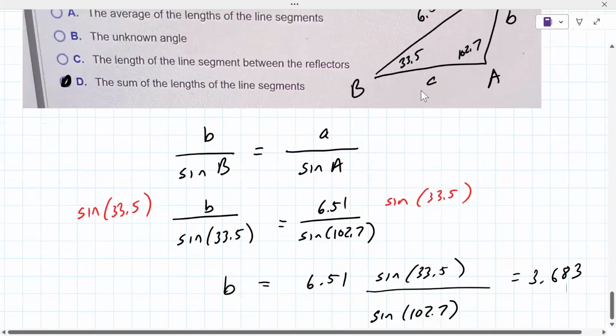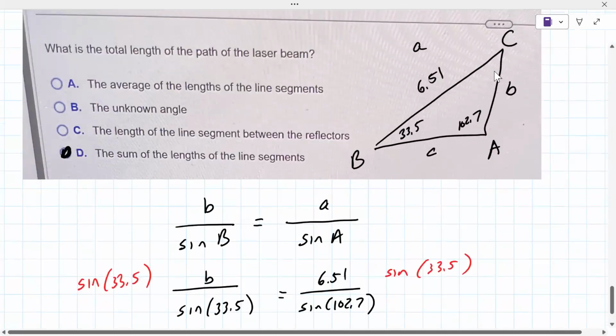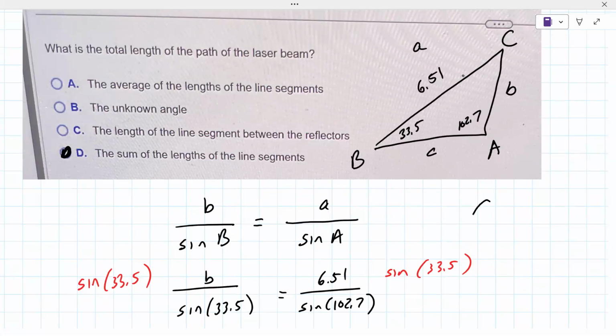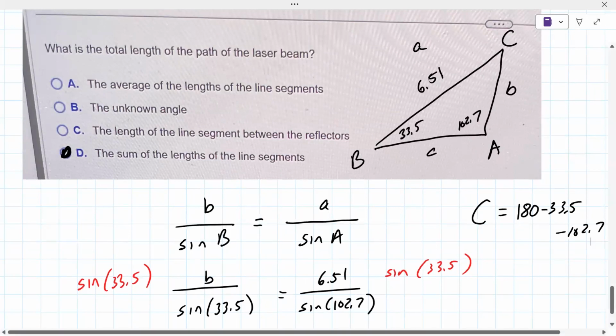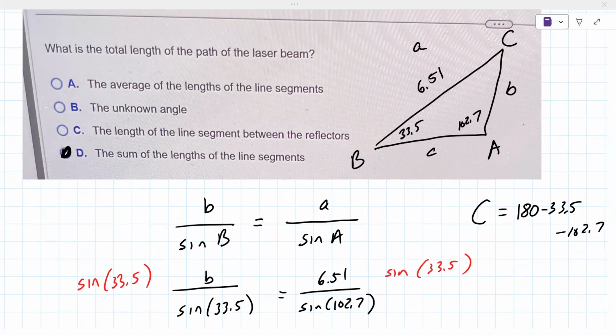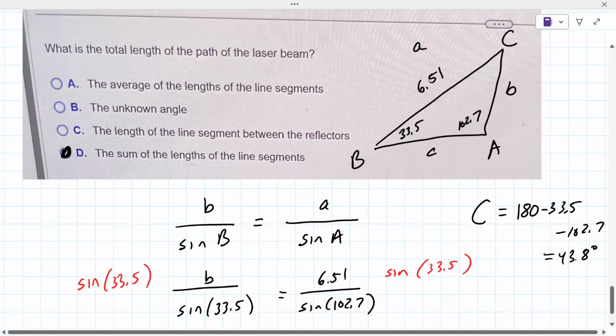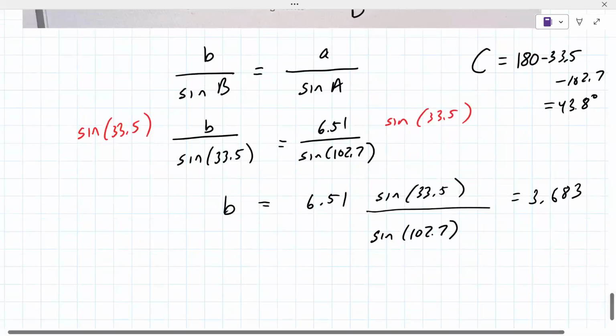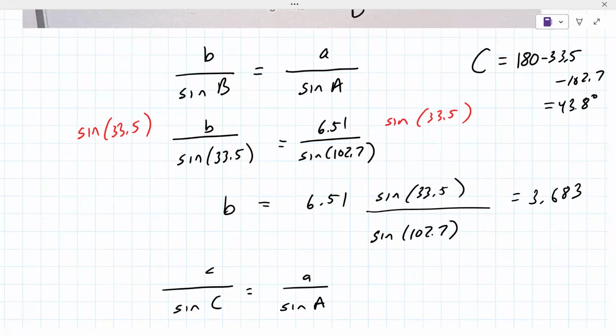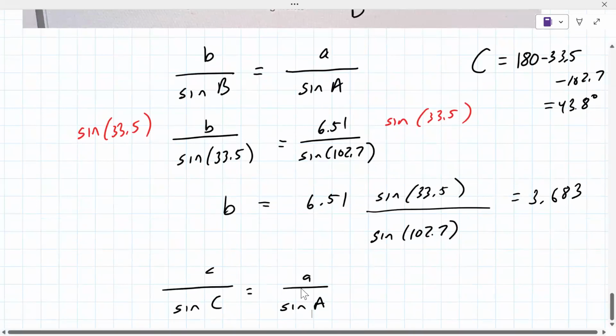Then we're going to do the same thing to find C, except this time we don't have the angle up here. To find the big angle C, you have to subtract the other angles from 180. That ends up being 43.8 degrees. So now we've got basically the same setup. C over sine big C equals A over sine big A. You generally want to reuse the known information here.